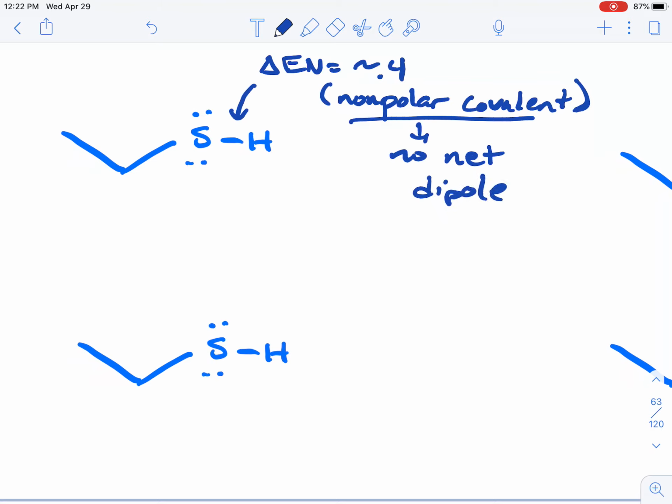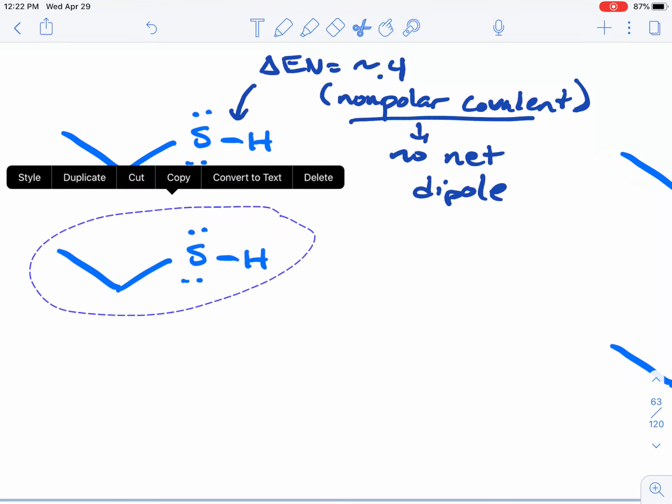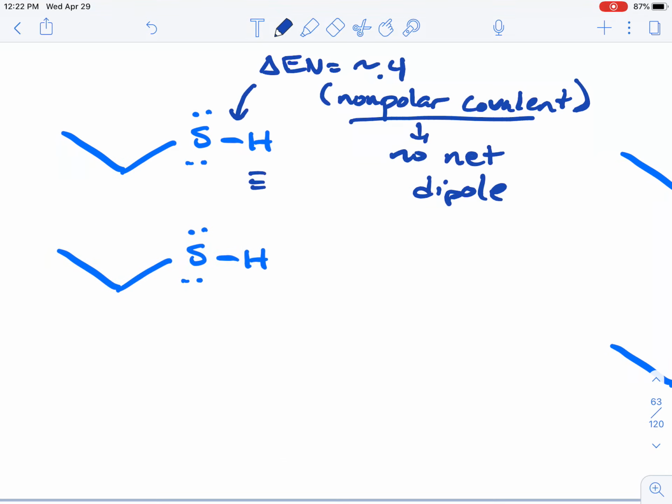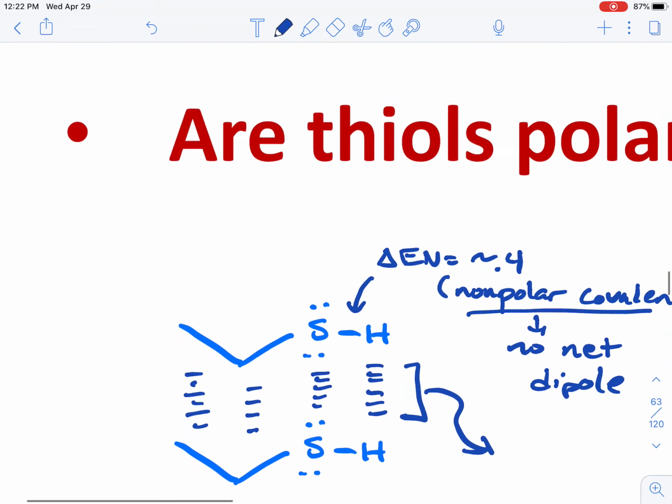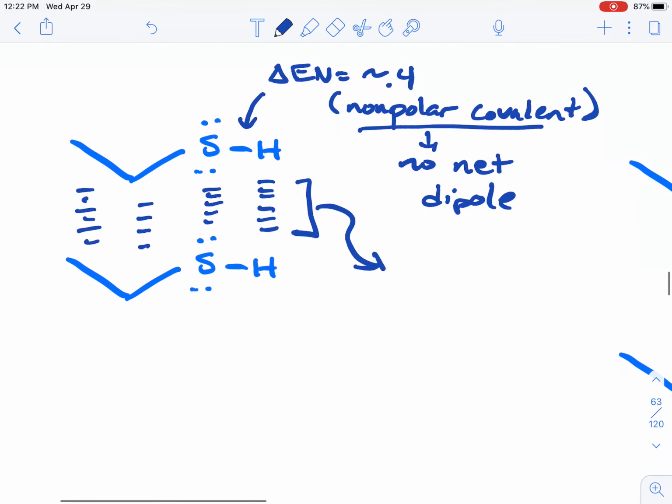Okay. And so if there's no net dipole, then when these two molecules interact, these interactions are mostly going to be weak.